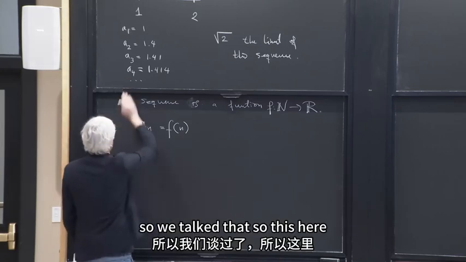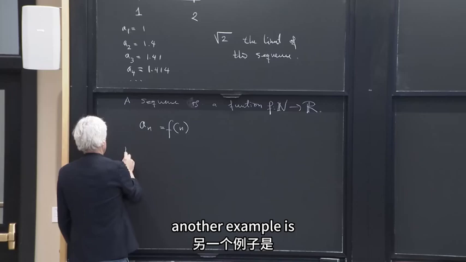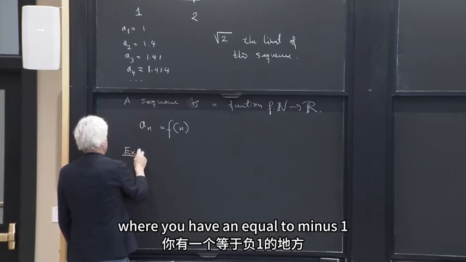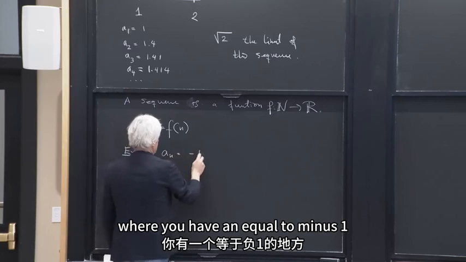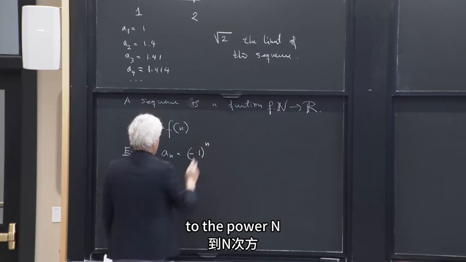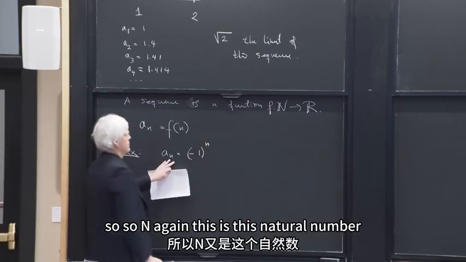So this here really is a sequence. Another example is where you have a_n equal to (-1) to the power n. So n again is this natural number.